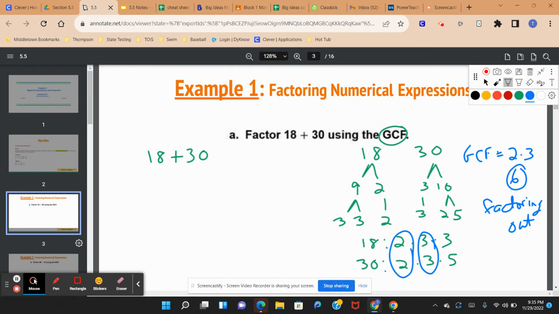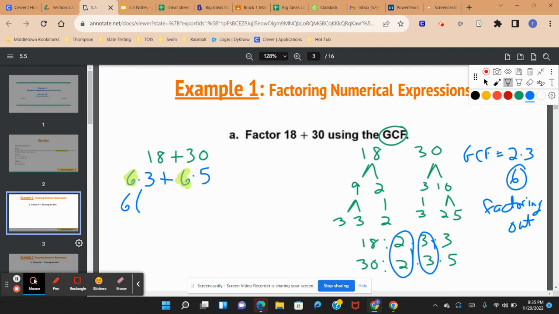That means we're going to be writing the 6 twice. 6 times what gives you 18, plus, and then 6 again. We're going to keep using the 6. 6 times what gives you 30. Then we're going to highlight what we see multiple times, and that's what we're factoring out.